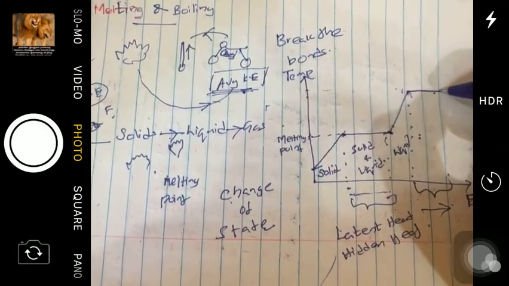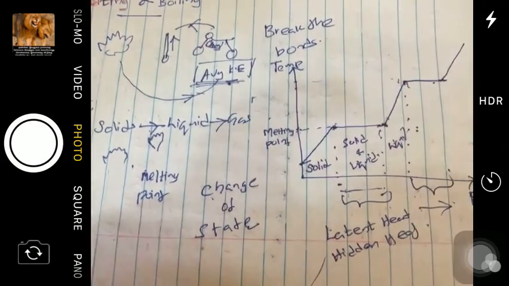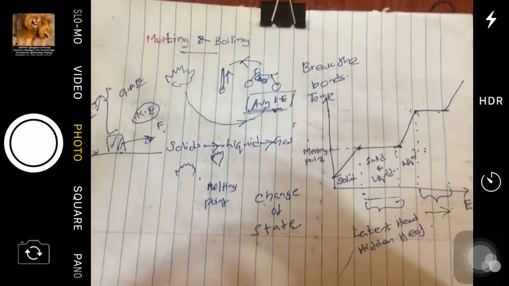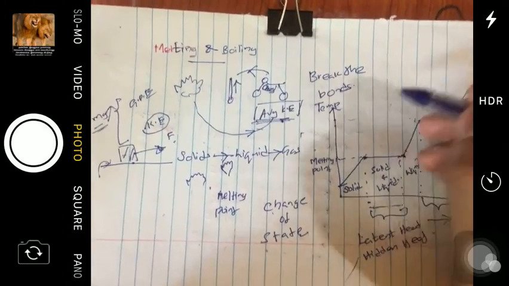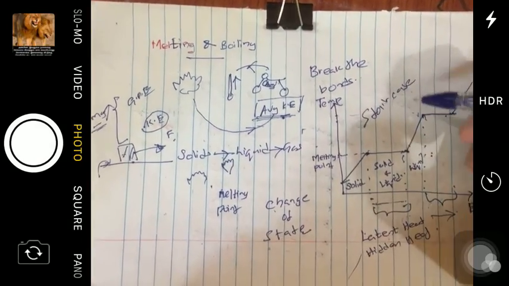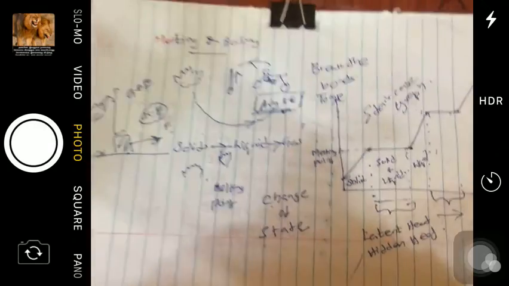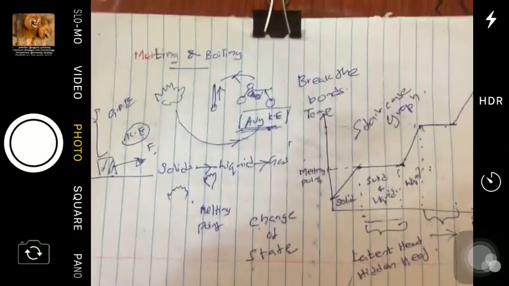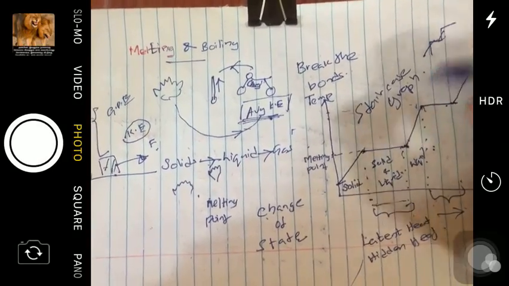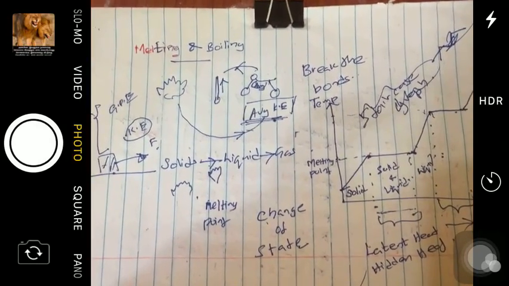Then afterwards you have the gas, and if you heat up the gas, its temperature will go on increasing. So it's a kind of staircase arrangement. The graph is more like a staircase graph, not exactly, but kind of. So don't start thinking like this, you would be wrong. It has a slope. Okay, so you just forget about that.